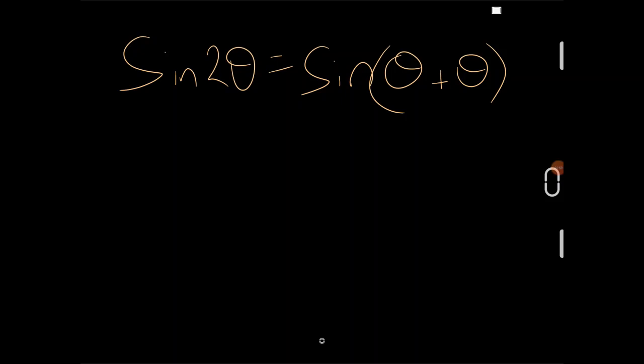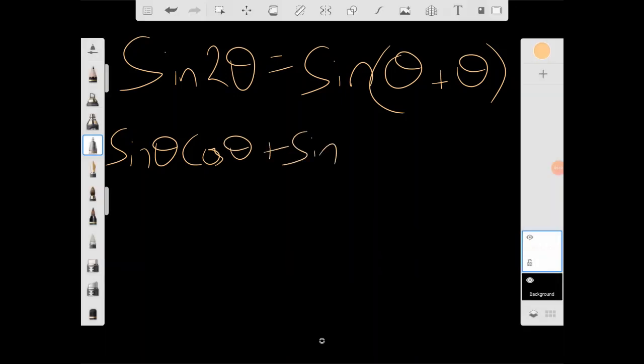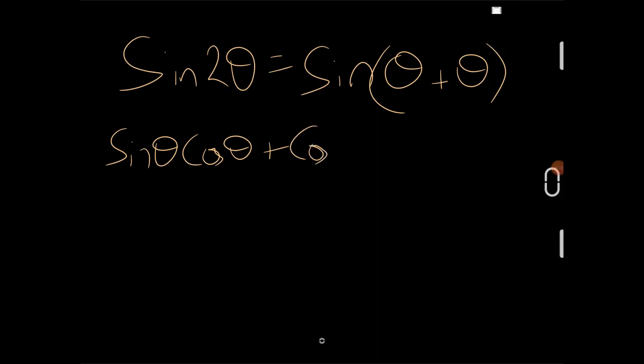So let me write that. Sin a cos b plus cos b sin a. Now because a and b are the same, the answer is kind of repeating.